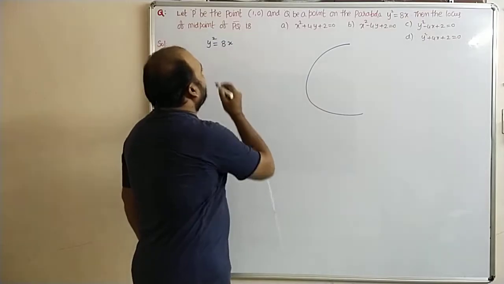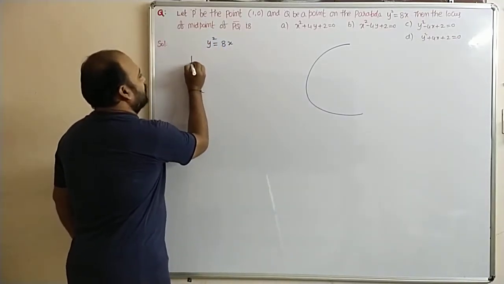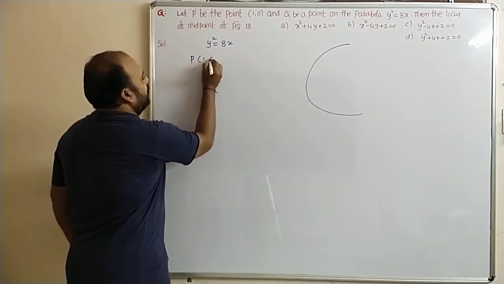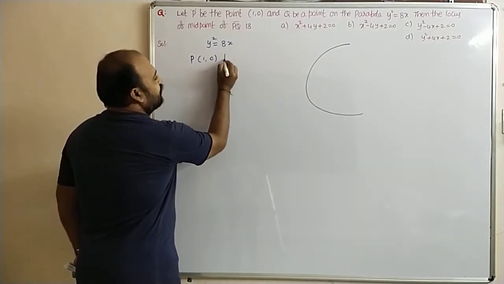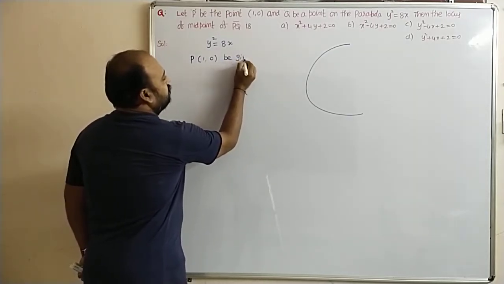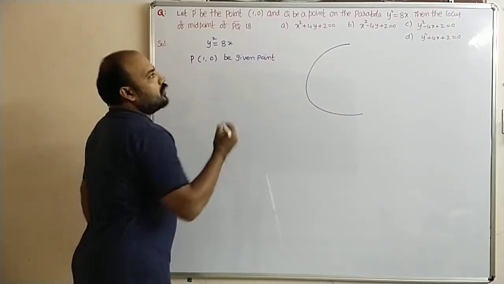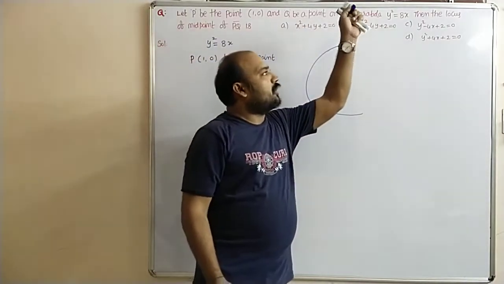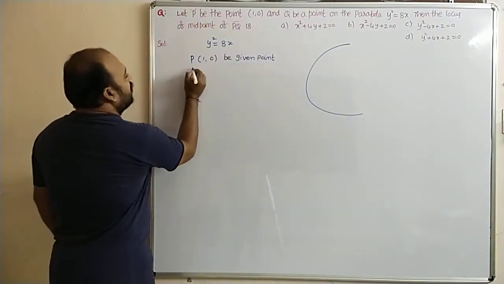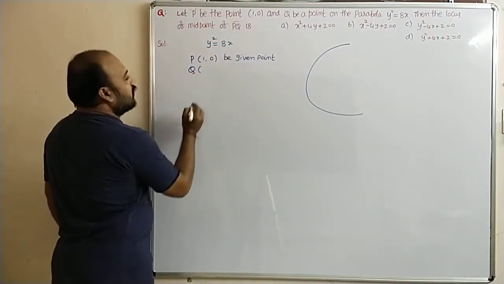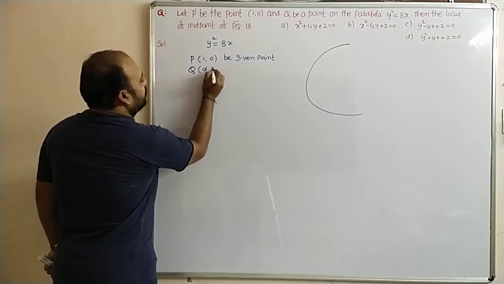Given the equation of the parabola y square equal to 8x, and P is a given point, P of (1, 0). One more is there. Q be any point on the parabola. Here, Q of (alpha, beta), I am assuming that.